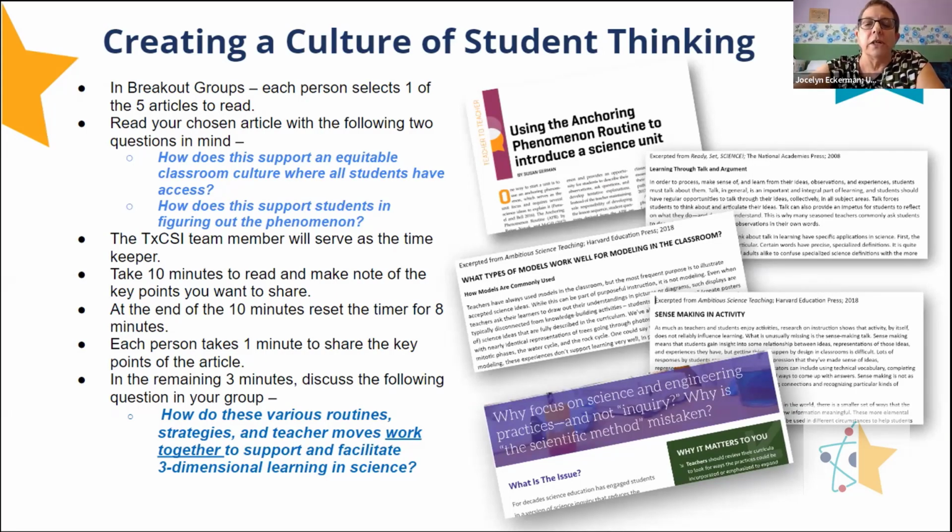And so the next thing we're going to do is work through some articles in a jigsaw structure. If you're not working independently, it might be a little bit different. You'll end up in different groups, but we'll make the best of it. So what we're going to try and do here is work through these 5 articles. Each person in the group will choose an article to read, and then we'll share out our thinking about each of those articles and how they relate to these 2 questions.